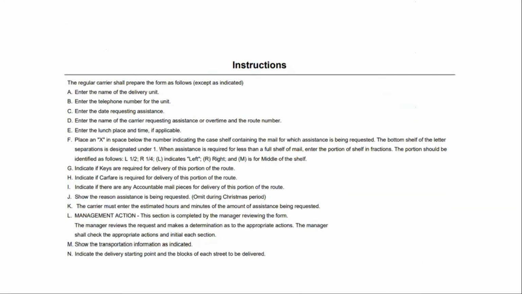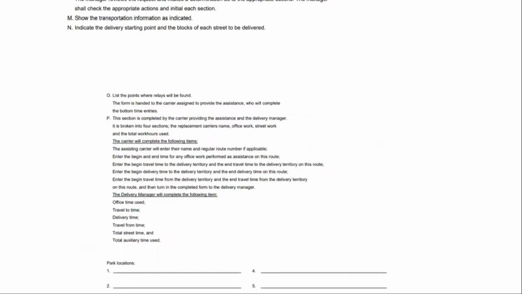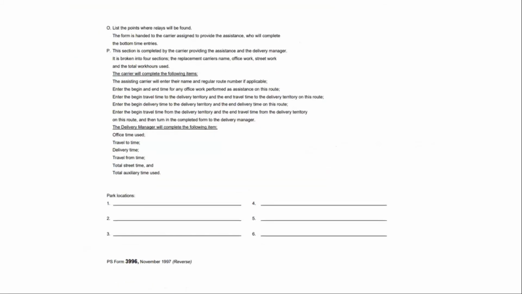Funny thing here, folks, on the back of that form are the instructions. A through N, with the exception of L, is everything that the carrier who is requesting the assistance must do. O is still for the carrier requesting assistance, if it's applicable. And then you'll notice in section P, the carrier that completes the assistance does one.